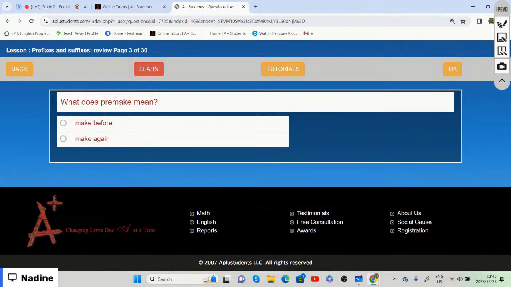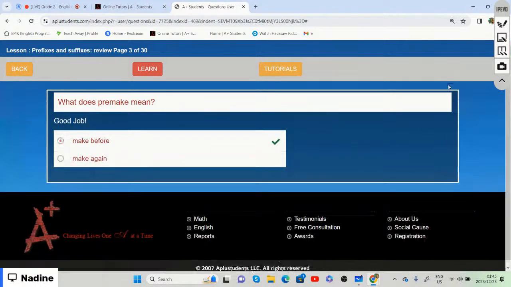And we can say premake because pre means before. So we can say premake means to make before. So make before.